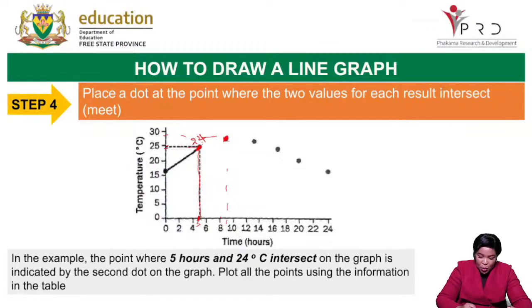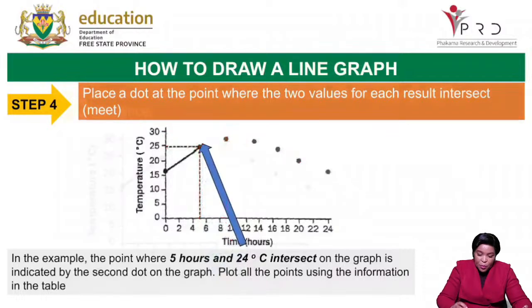Now, in the example, the point where 5 hours and 24 degrees intersect on the graph is indicated on the second dot of the graph. Then plot all the points using the information on the table. So that table that I showed you, these are the points you have plotted where they intersect.